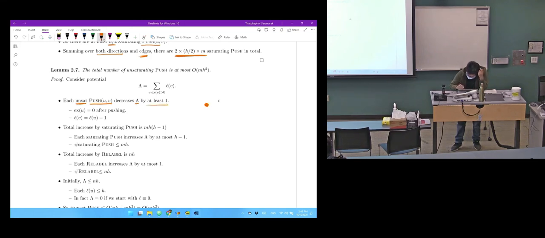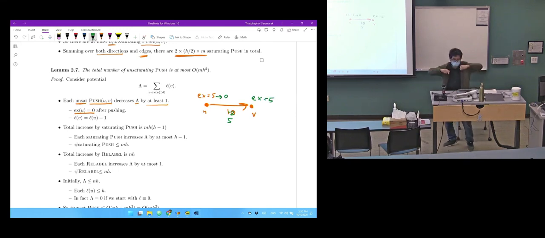Say this node has excess 5, and the residual capacity here is 10. After I do this unsaturating push, the excess at u becomes 0, and the excess here becomes 5.